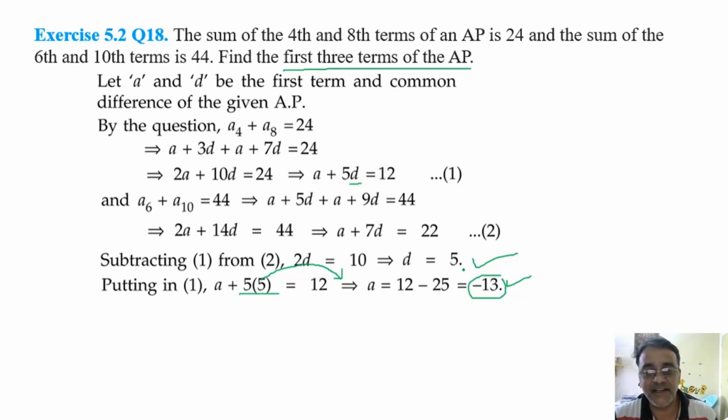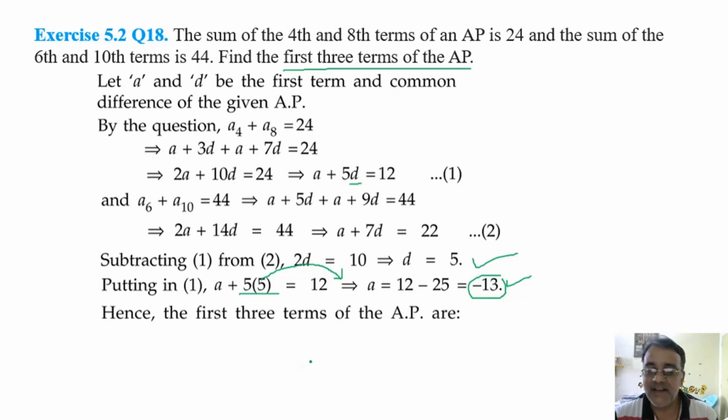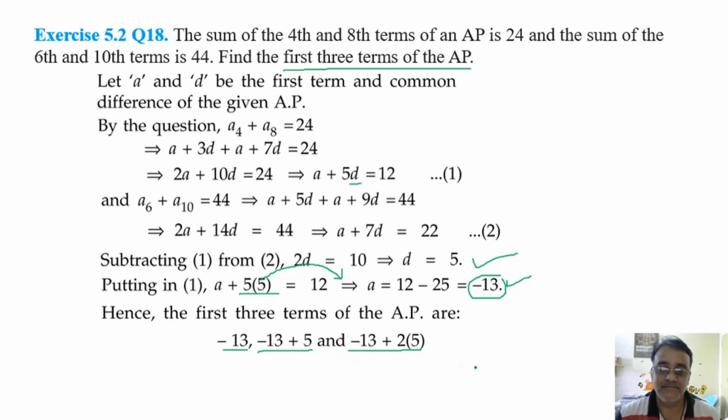The second term is minus 13 plus 5. And the third term is minus 13 plus 5 plus 5, that is 2 times 5. So this will become minus 8, and this will become minus 3. So minus 13, minus 8 and minus 3 are the required first 3 terms of the AP.